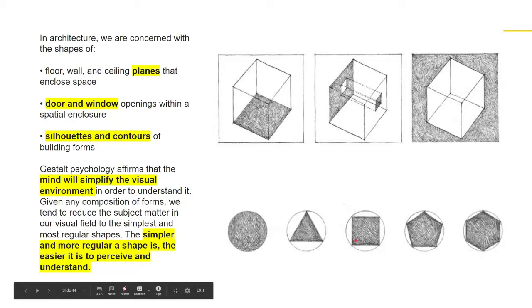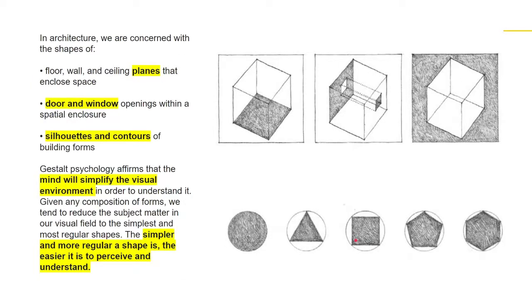In architecture and interior design, we are concerned with the shapes of floor, wall, and ceiling planes that enclose the space, door and window openings within a spatial enclosure, and silhouettes and contours of building and interior forms.